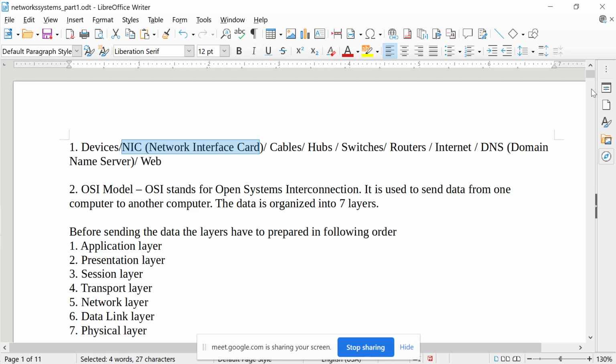Every device will have one network interface card, one device, one card. So if two devices are there, then two interface cards are talking to each other. It is not your device which is talking ultimately. It is this piece of hardware which is making that communication possible.